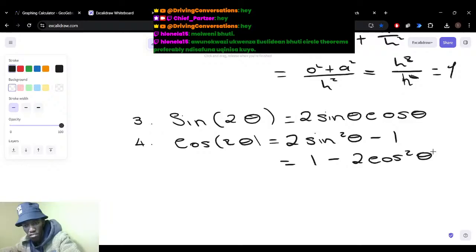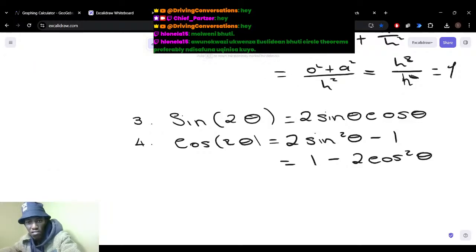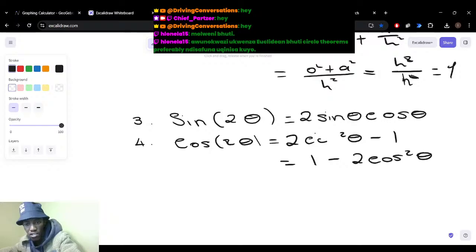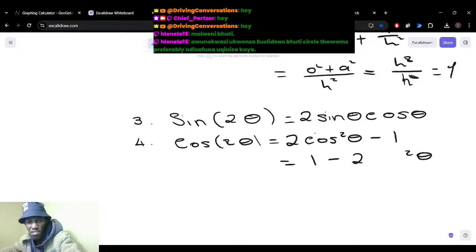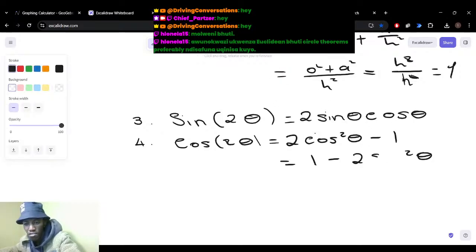Is it like this? No, I think it's not like this. This is actually cos instead of sine. So we have the following relationship: cos 2 theta equals 1 minus 2 sine squared theta.